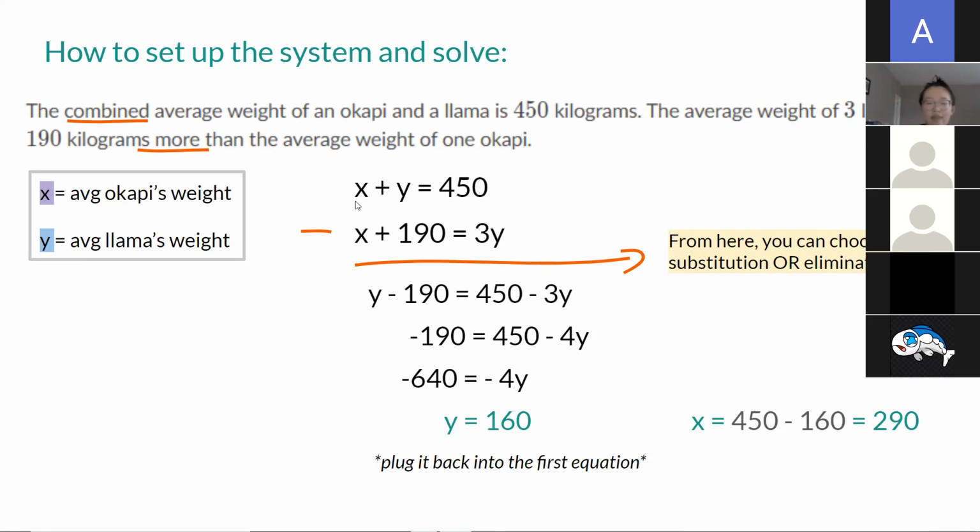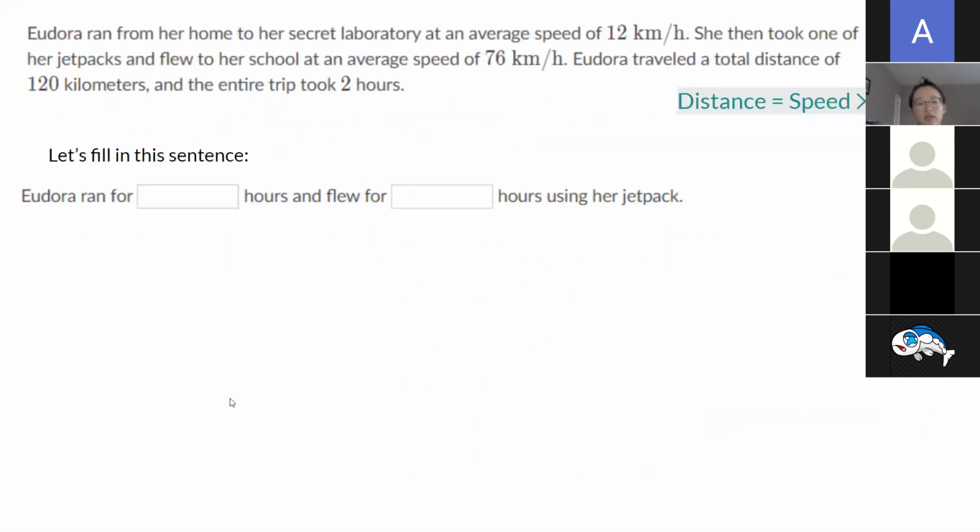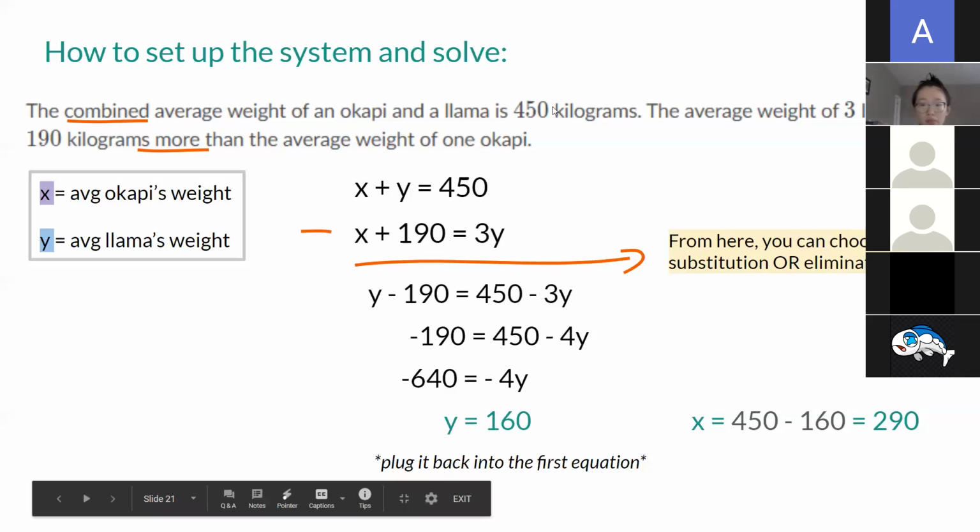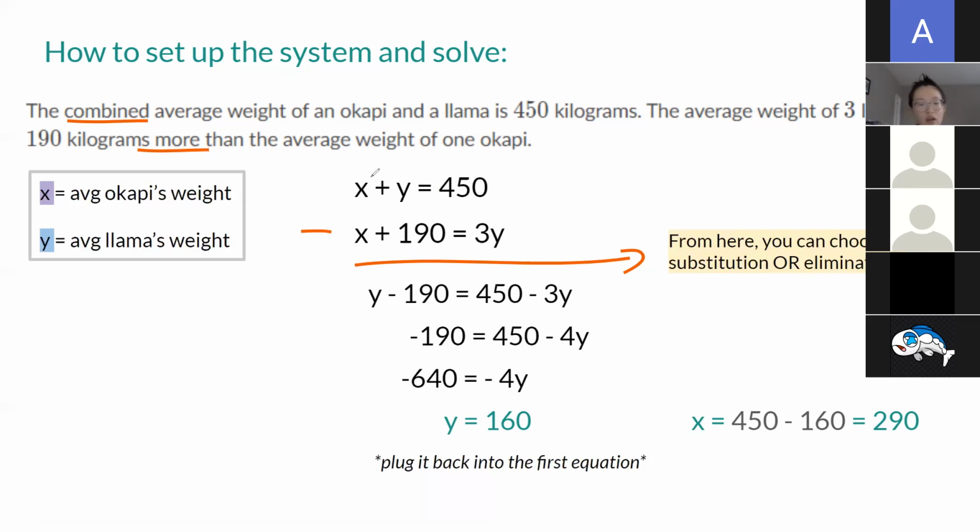Since we have our system, we wrote both equations out. For me, I think the easiest way to solve this is through elimination. You can see how, when you're eliminating with this system, you have the x's and they cancel out, right?